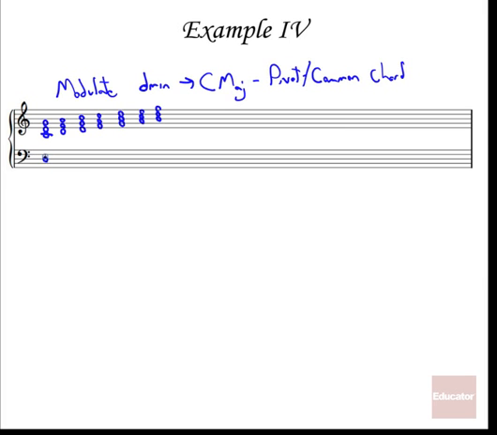So D, F, A; E, G, B flat; F, A, C; let's see, G, B flat, D; A, C sharp, E; B flat, D, F; and then finally the leading tone chord, C sharp, E, G.